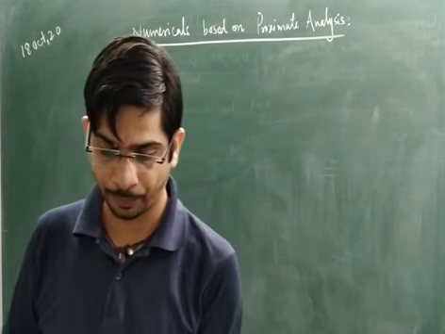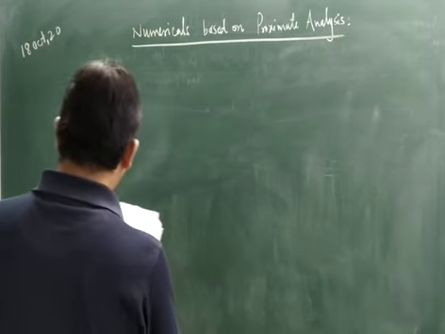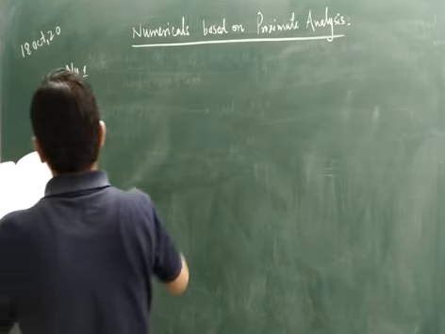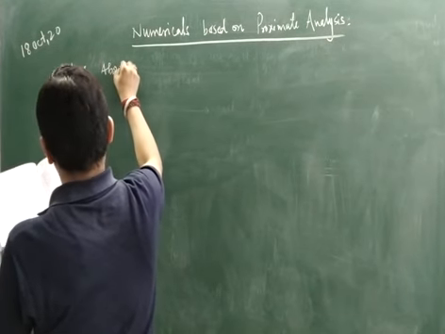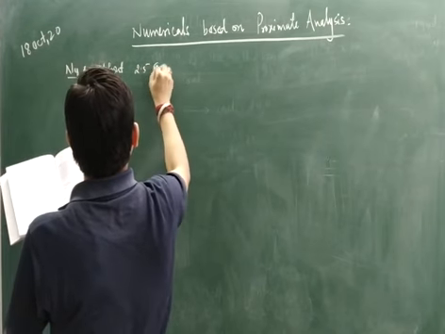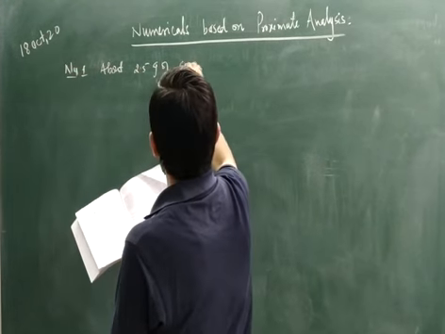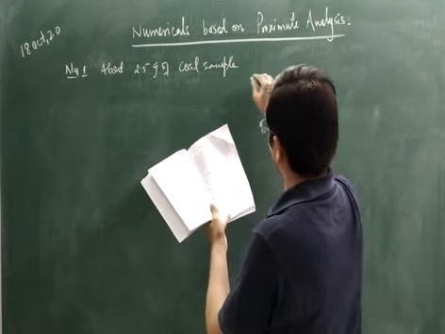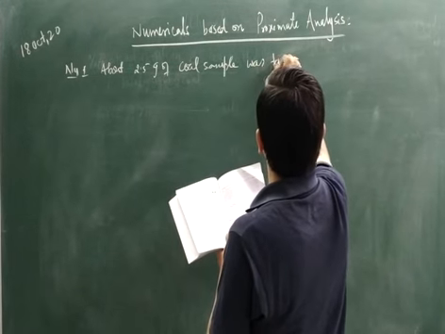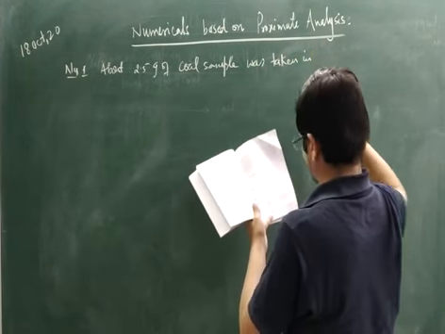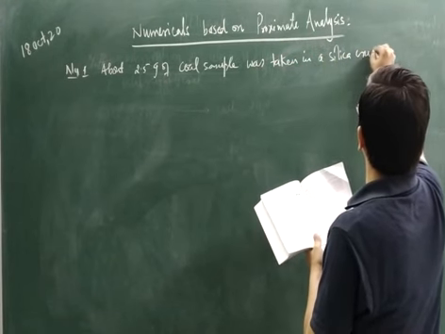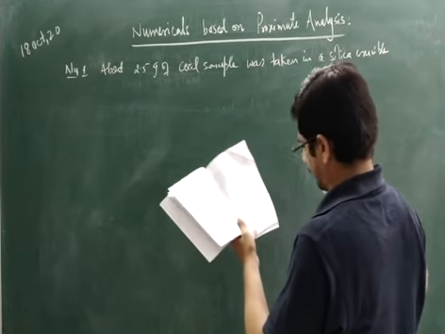Now let me write down the statement. Numerical 1. About 2.5 gram of coal sample was taken in a silica crucible.